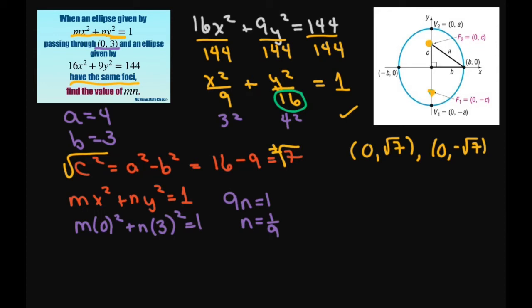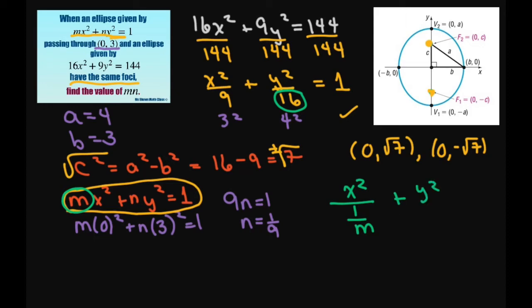So basically I can write this equation to make it more ellipse form. I can write it as x squared, and we have this m, so I can write this as 1 divided by m, because that's the same. All right, plus my n is 1/9, so this would be y squared divided by 9 equals 1.